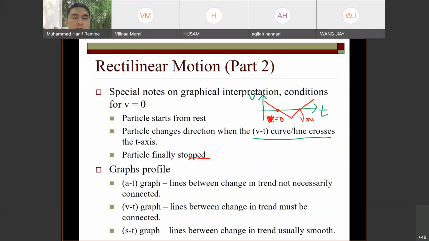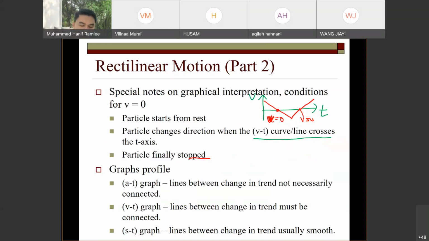If it is a linear equation, you will get a linear graph. If the equation is quadratic, you will get a quadratic graph. But in the graphical interpretation method, there is no equation that you develop. Then you have to memorize the graph profile to make sure that your graph is correct.